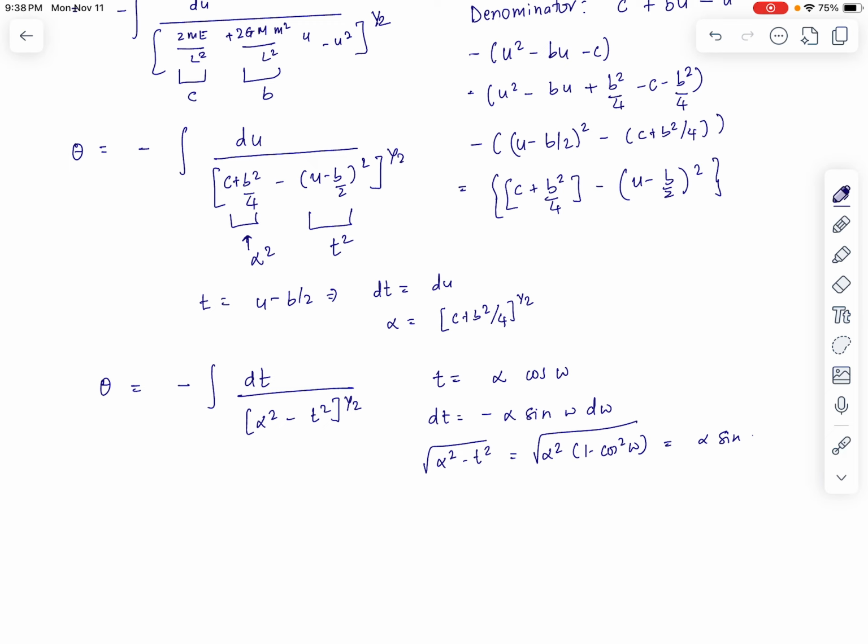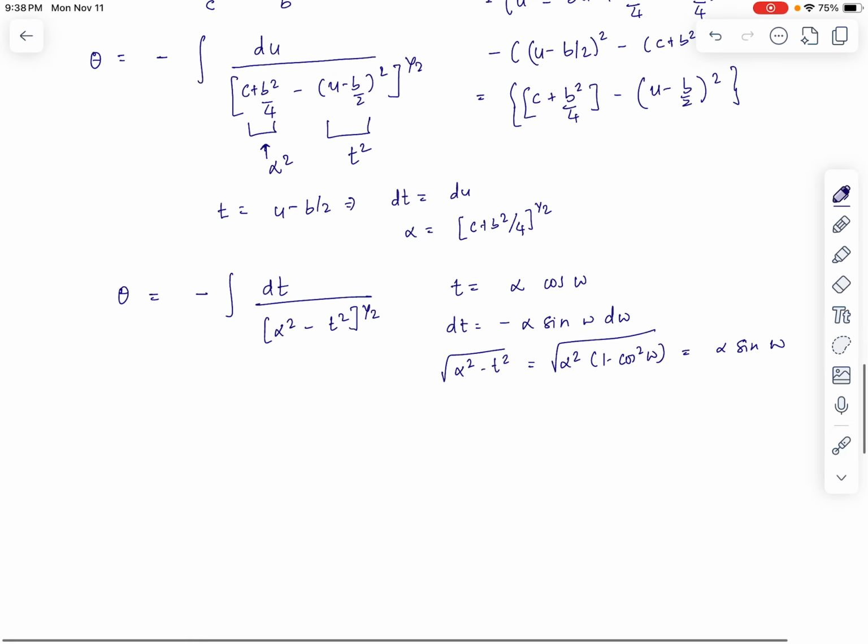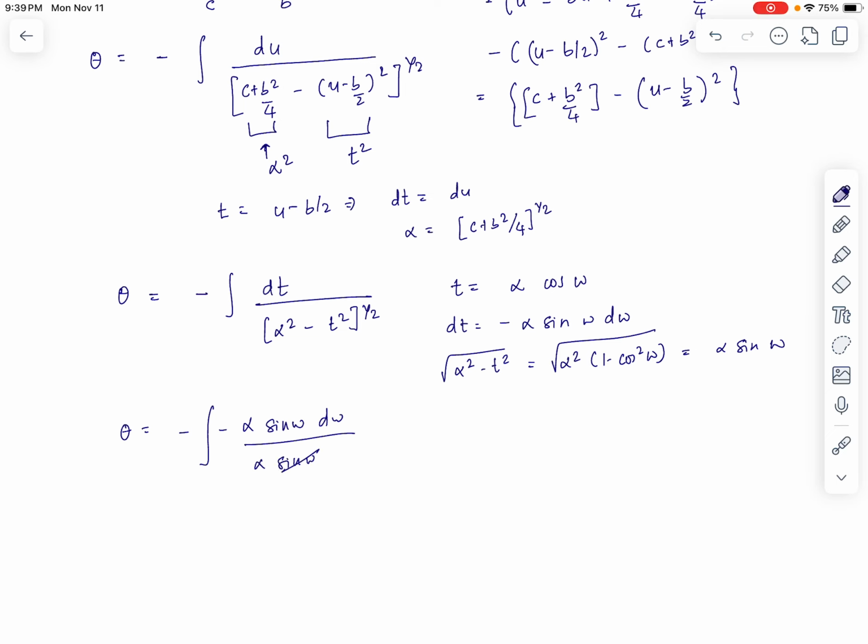Right? So essentially theta equals just alpha minus of minus alpha sine w dw divided by alpha sine w. So the sine w cancel out, the minus signs also cancel out. So this is just integral of dw.